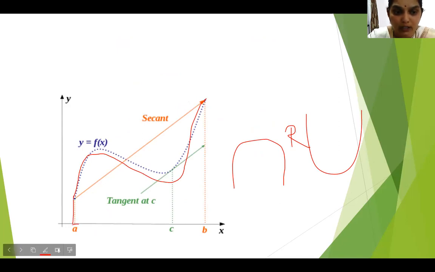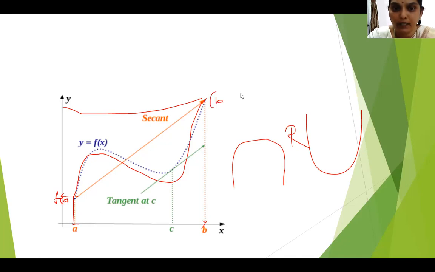Its image will be along the y-axis, this point will be f of A. Another end point is B, and its image will be f of B. So this point is B, comma, f of B.